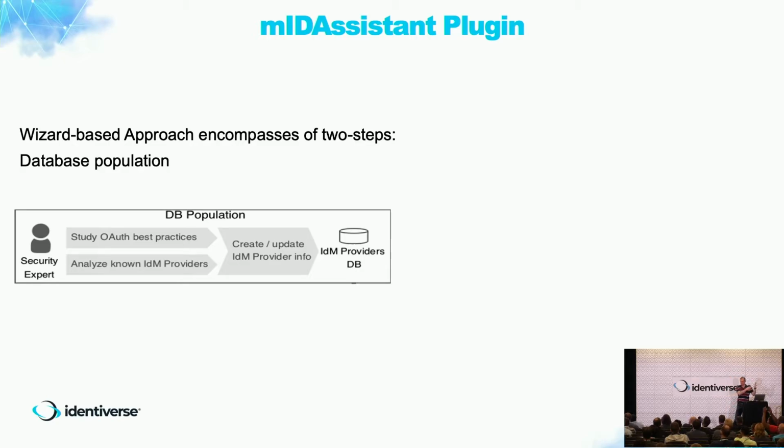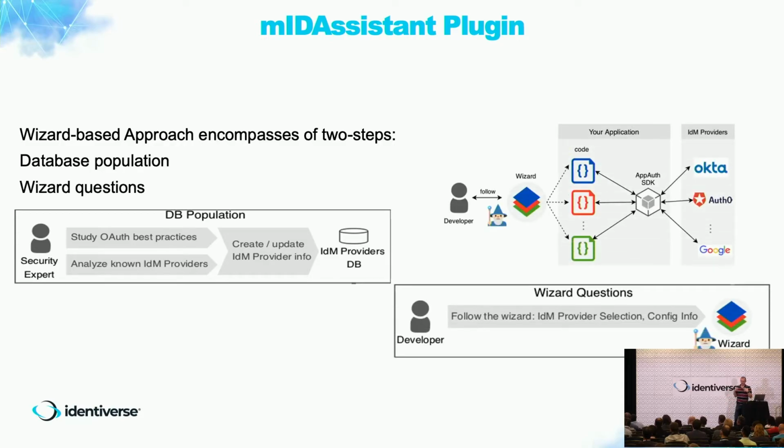So you put the Amazon, Google, Facebook server details into the database, hopefully by someone that knows roughly what they're doing. And then the user interacts with the SDK. There's a series of wizard questions that guide them to providing the configuration details that are necessary to integrate the app with that server, providing the basics of a client ID and so on that are fundamental to this process.